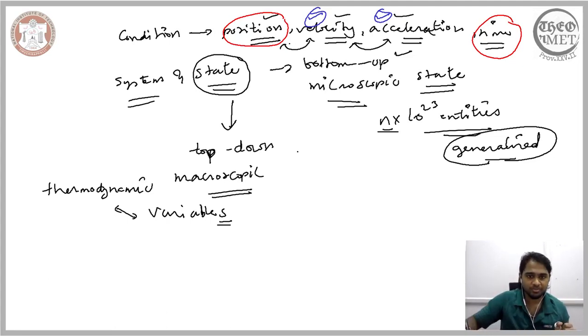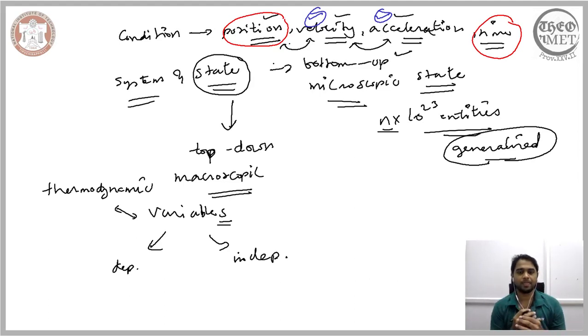Now it is possible to distinguish these variables into two: the dependent variables and the independent variables, like the ones we did in the case of Newton's laws of motion. So when we want to fix the state of the system, we need not determine all the different variables, we just have to focus on the independent variables, because from the independent variables you will be able to calculate the dependent variables.